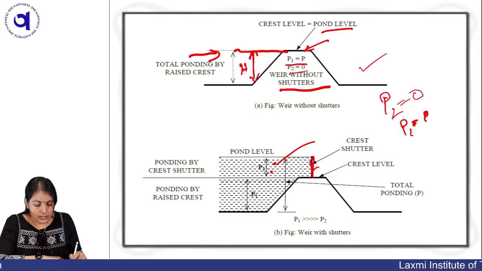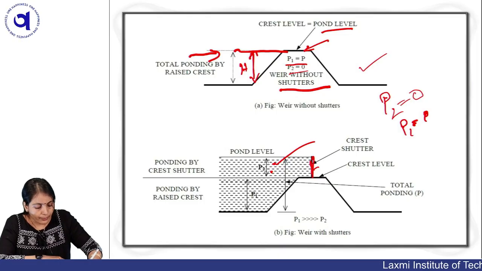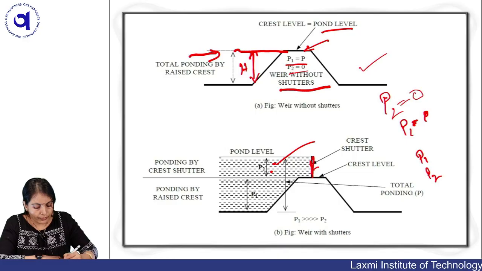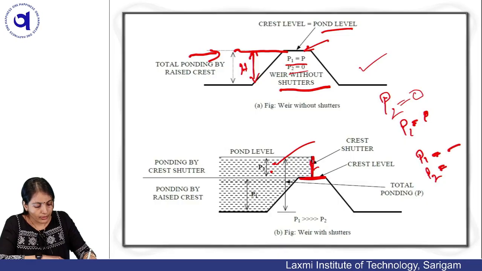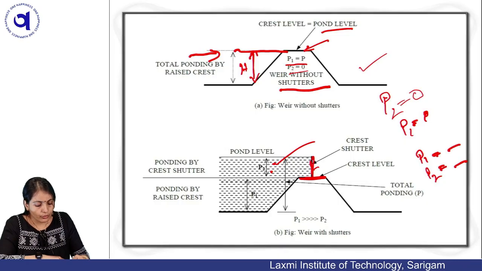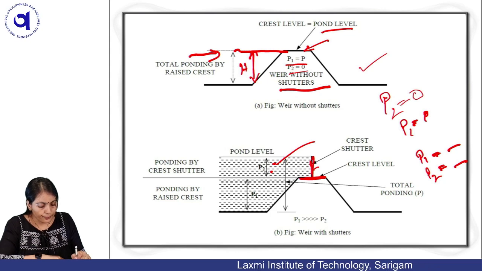Now the weir with shutter. Here we have P1 as well as P2. P1 is the pondage by the raised crest, and P2 is the pondage by the crest shutter. You can see every label here: crest shutter, crest level and total pondage.